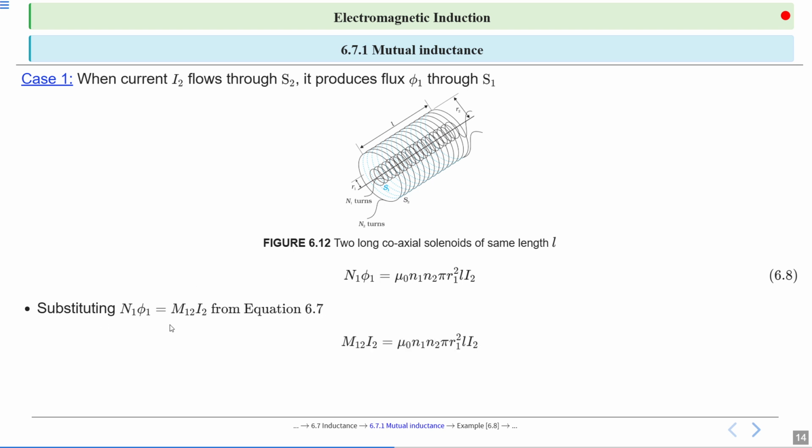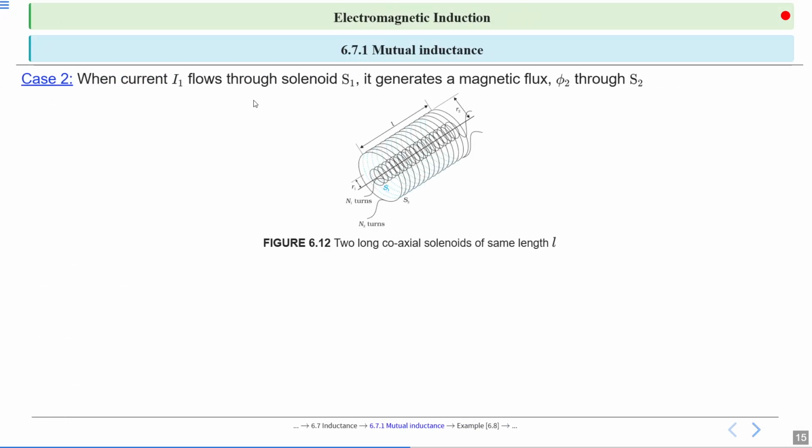We have seen in the previous slides that the flux linkage of the S1 coil will be proportional to current flowing through the S2 coil, and after removing the proportionality sign, M12 appeared. Now comparing these two equations, N1 phi 1 equal to M12 I2 and equation 6.8, you will get M12 I2 equal to mu naught N1 N2 pi R1 square L I2. I2 is common here. So M12 will be equal to mu naught N1 N2 pi R1 square L. Mark it as 6.9 equation. This is the mutual inductance of S1 coil with respect to S2 coil.